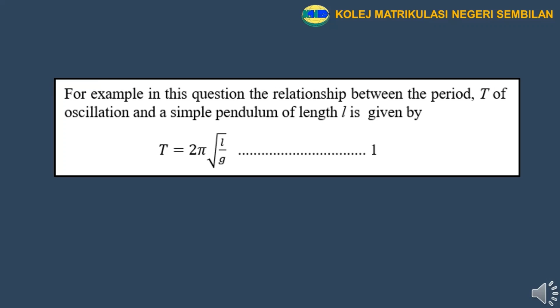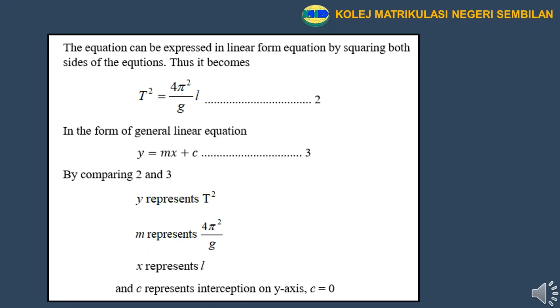For example, in this question, the relationship between the period T of oscillation of a simple pendulum and its length L is given by T equals 2 pi square root of L over g. By squaring both sides of equation 1, we get T squared equals 4 pi squared over g times L, equation 2.